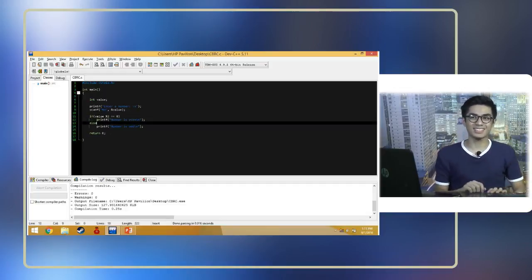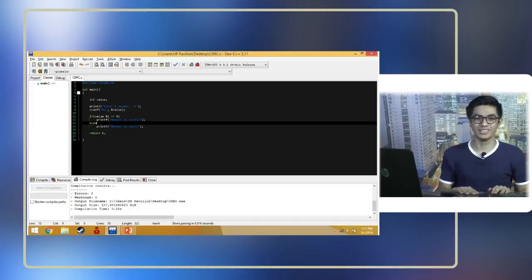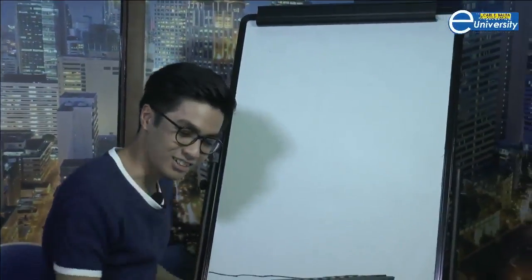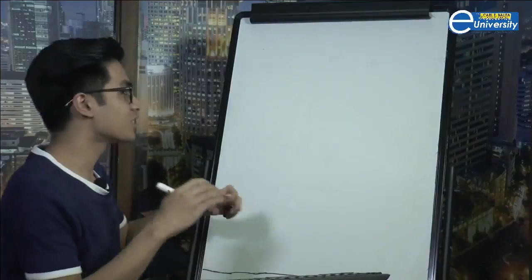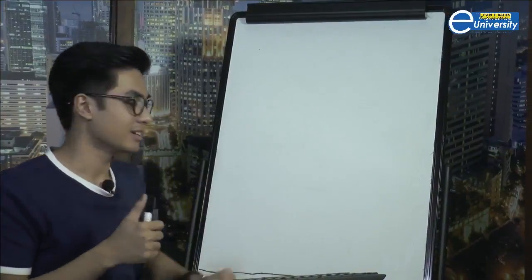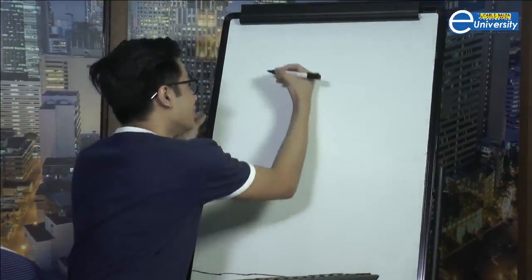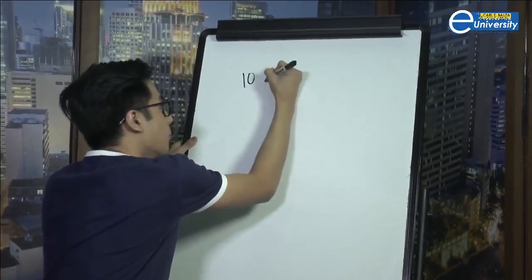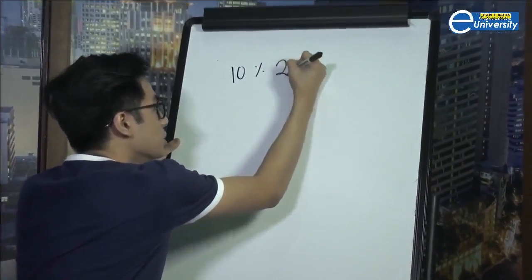I think you guys are not familiar with the modulo function, so let me discuss it right here. Modulo is basically the remainder of something. For example, we have 10 modulo 2.